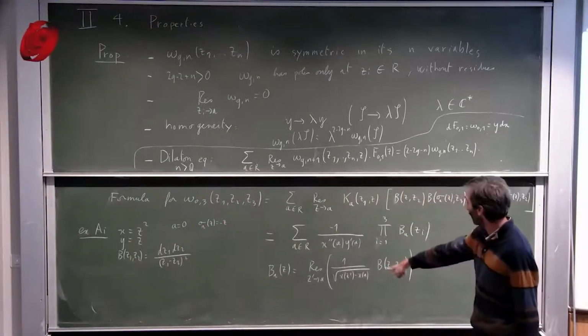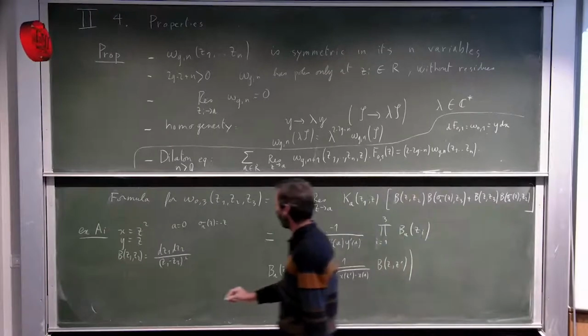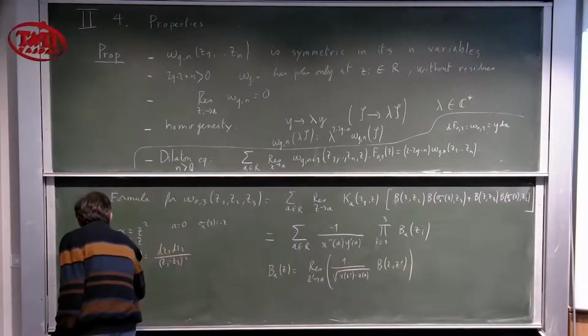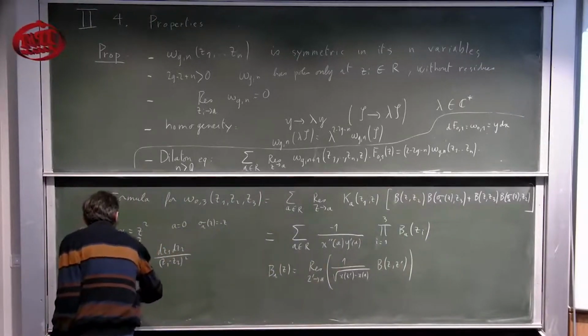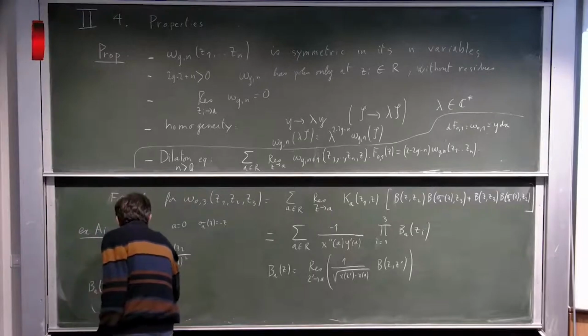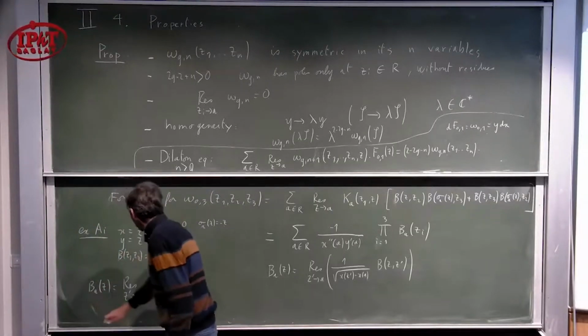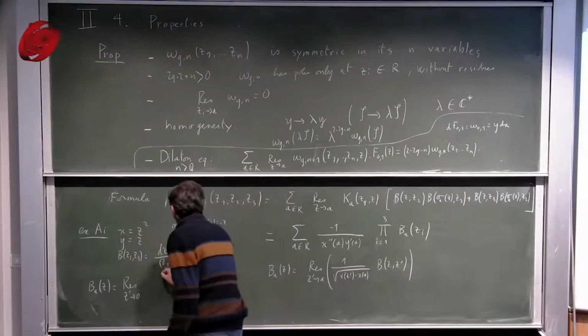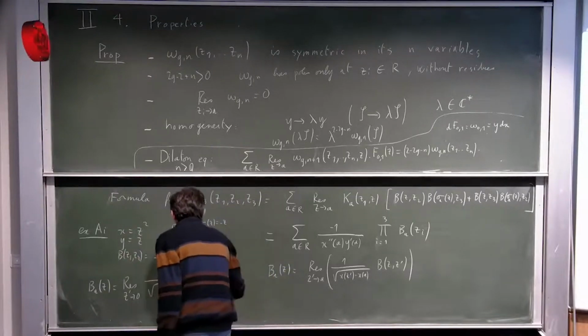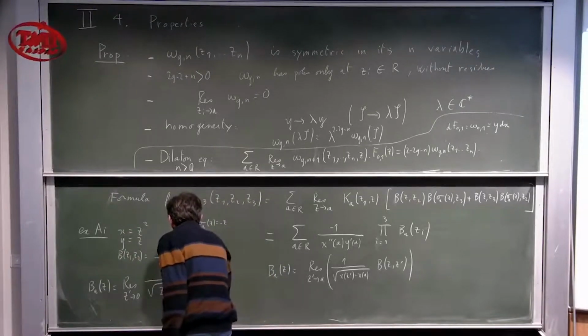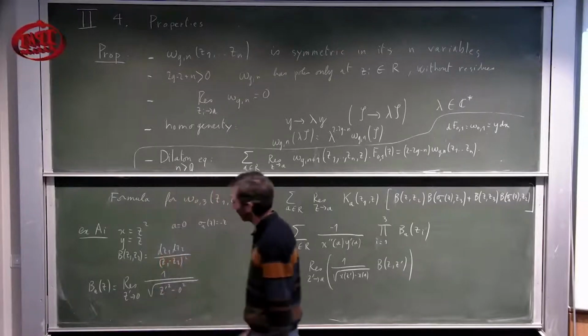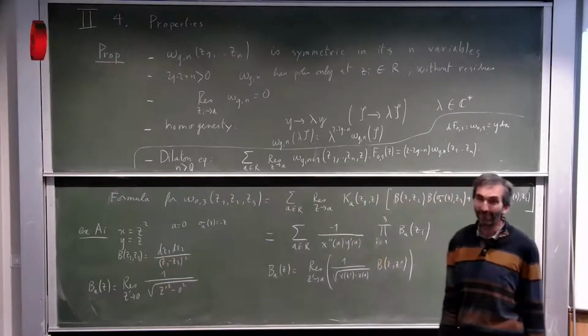So if you do this computation, what do you find? You find that GA of Z is the residue when Z prime goes to 0, so it's A equals 0, of 1 over the square root of Z prime square minus 0 square, so it would be 1 over Z prime.